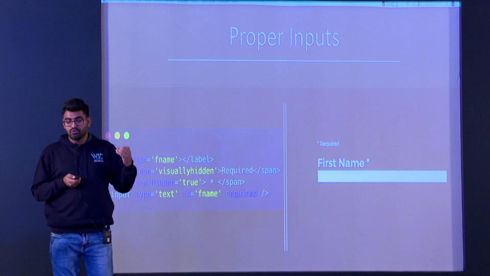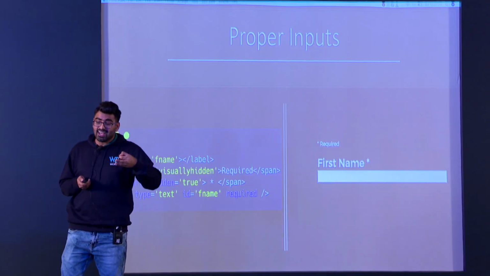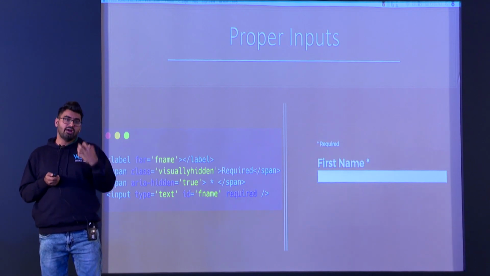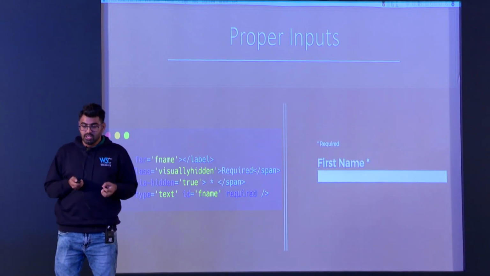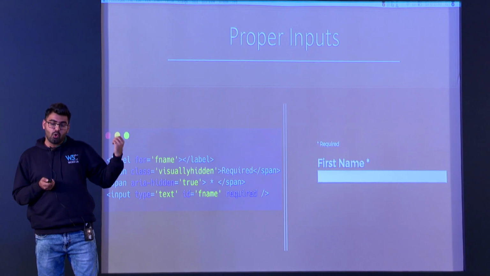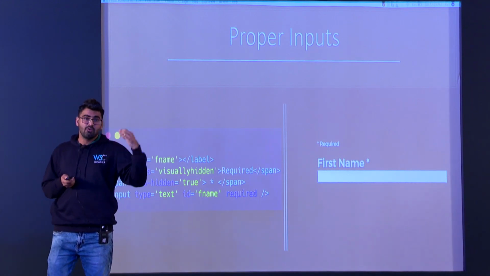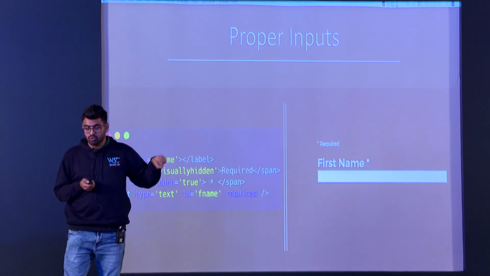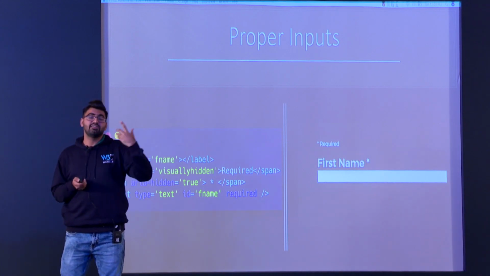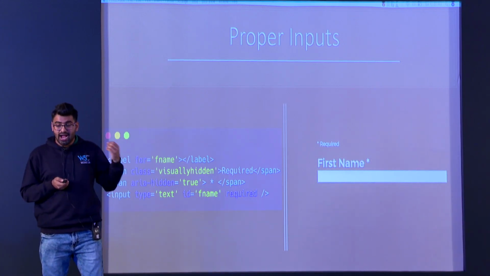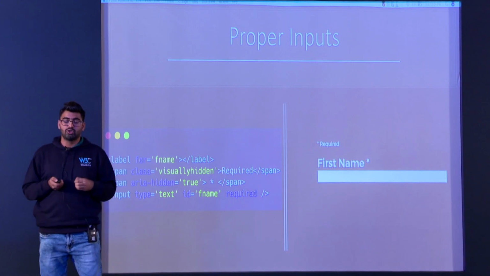You want your users to see first name on the screen, but you want a person who can't see the screen to hear required when the screen reader is speaking. So in the code you will see the visually hidden class, which hides it from users who can see, but the screen reader can read the required part and will not read the star, which has aria-hidden equals true. So sometimes it is better to write repetitive code.